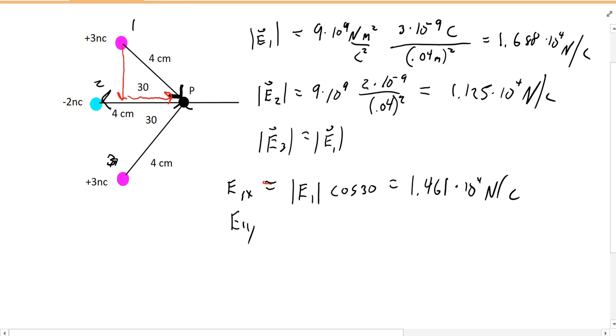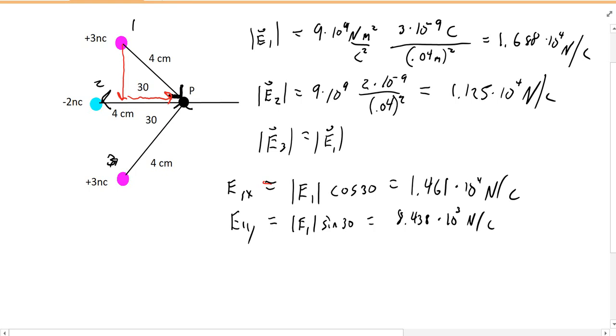E1y, since y is opposite the 30-degree angle, that's E1 times the sine of 30, which is 8.438 times 10 to the 3 newtons per coulomb.